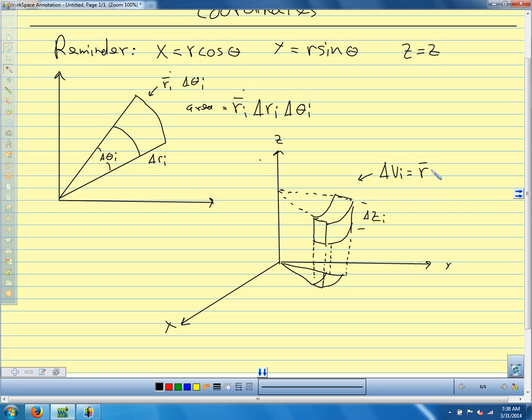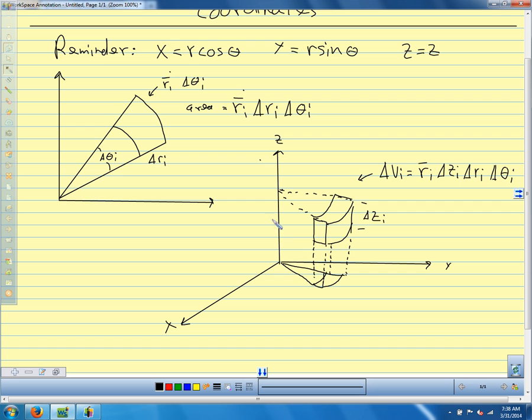So the volume of this little cylindrical wedge, delta V sub i, is going to be our average radius, r sub i, delta z sub i, delta r sub i, delta theta sub i. And if we sum the volumes of all these little volume elements over our region, we get the volume of the solid that we're talking about.